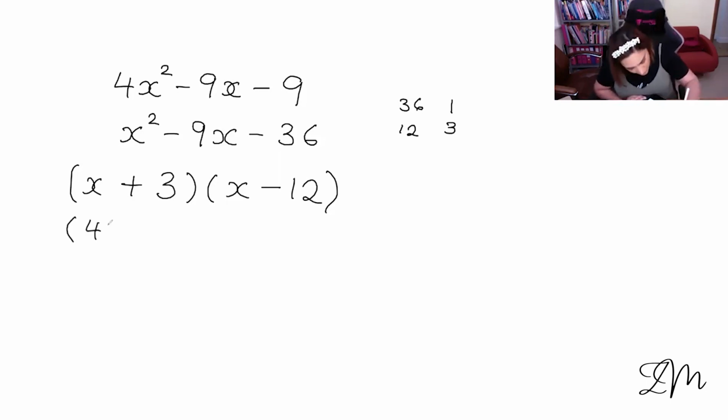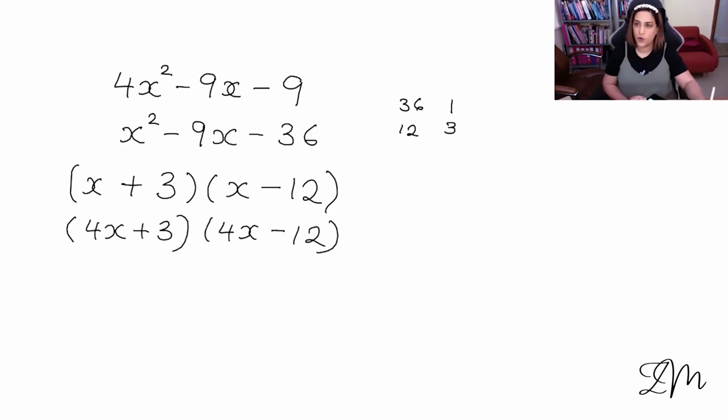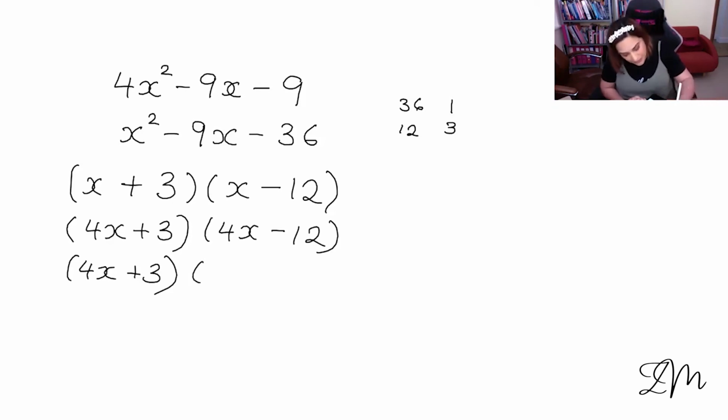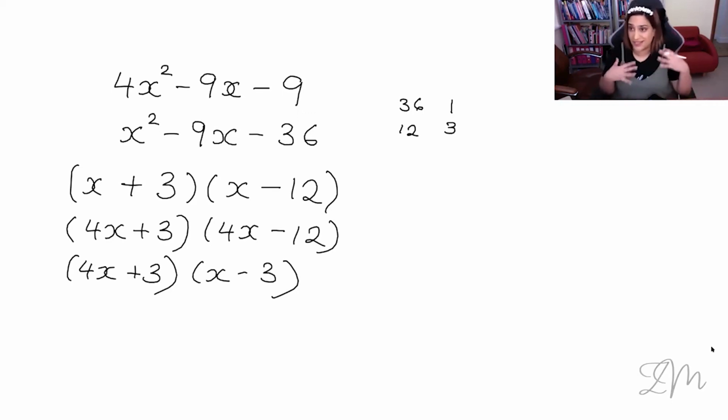So now we have 4x plus 3, 4x minus 12. So 4x plus 3 stays the same because we can't divide by anything. But 4x minus 12, we can divide through by 4, and it gives us x minus 3. So I hope that's useful. I think it's a really good trick to have, and it makes factorizing these quadratics a lot easier.